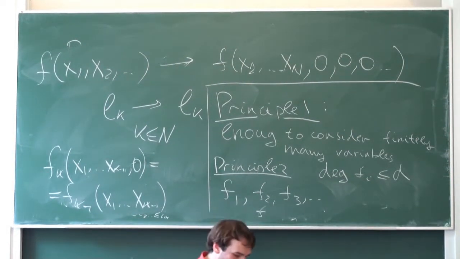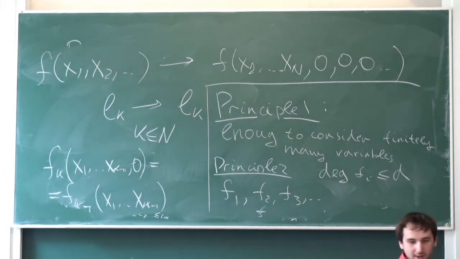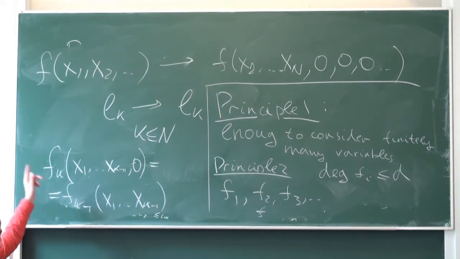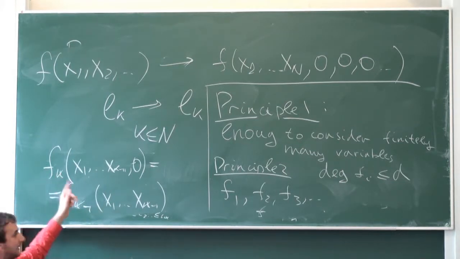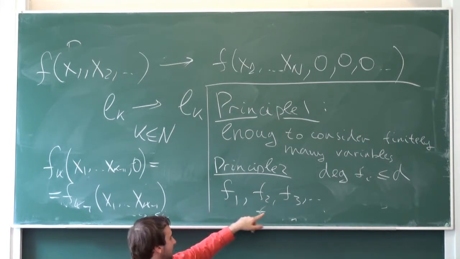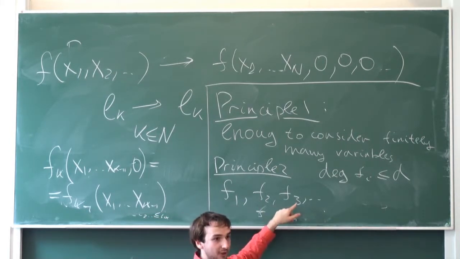Okay, now the next thing, maybe the most important definition of this TA session, is the notion of so-called Schur polynomials. So principle 2 says that to define a symmetric polynomial in infinitely many variables is the same as to define a sequence of symmetric polynomials such that the first polynomial has one variable, the second has two variables, the third has three variables, and so on.